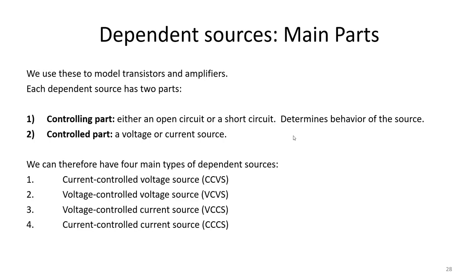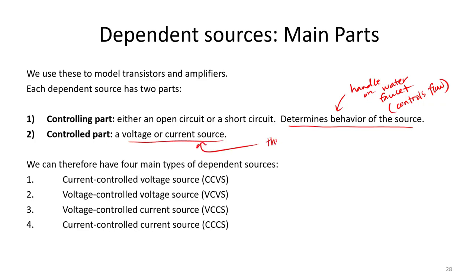First part is the controlling part. That is the thing that determines the behavior of the source. That's like the handle on the water faucet. It controls the flow. Meanwhile, the controlled part is the thing being controlled. That is your actual voltage or current source.